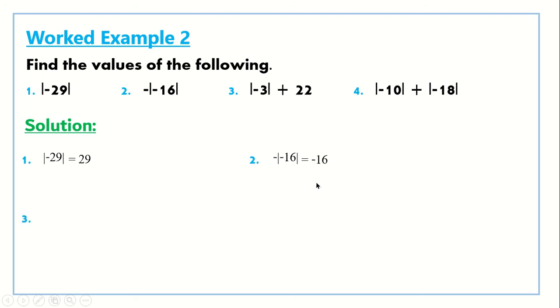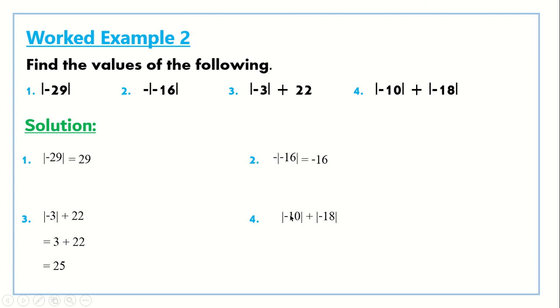Okay? Part 3. We have the absolute value of negative 3 plus 22. Yes, the absolute value of negative 3 is 3. Now we add 22 to get 25. Okay? Finally, we need to know the absolute value of negative 10 plus the absolute value of negative 18.